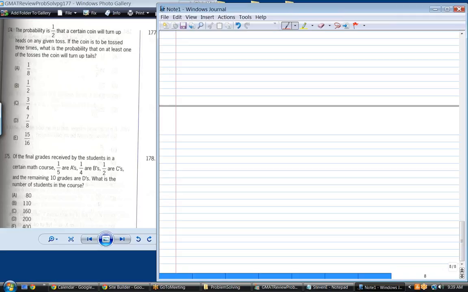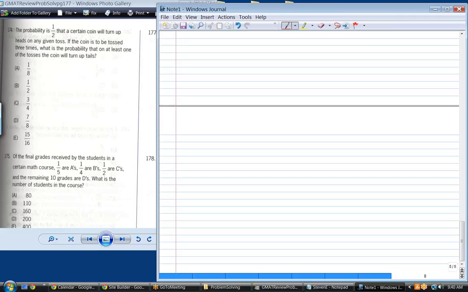Perfect. It's not only a probability problem, but it's the exact concept that I've been talking about. So there's 3 tosses, and you want the probability that at least one of them will be tails. So according to what you were teaching before, let's do the probability that all 3 will be heads.